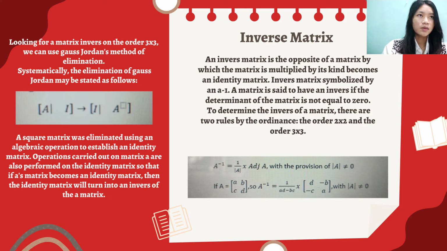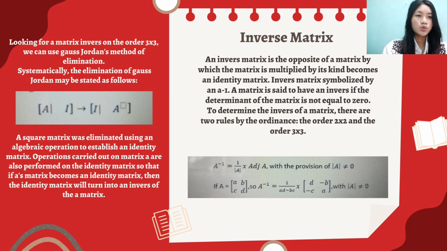A matrix is said to have an inverse if the determinant of the matrix is not equal to 0. To determine the inverse of the matrix, there are 2 rules by the order, the order 2 kali 2 and the order 3 kali 3.